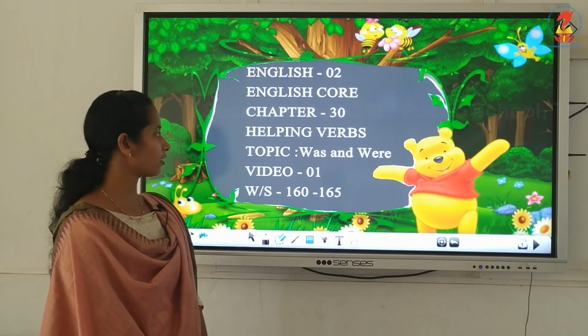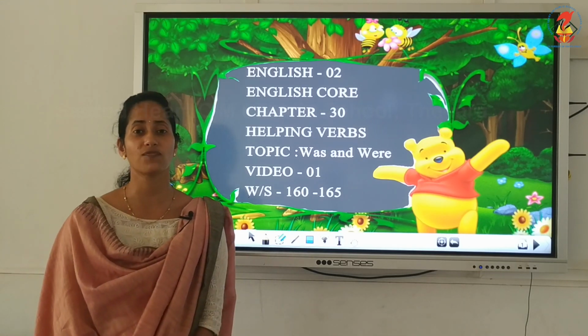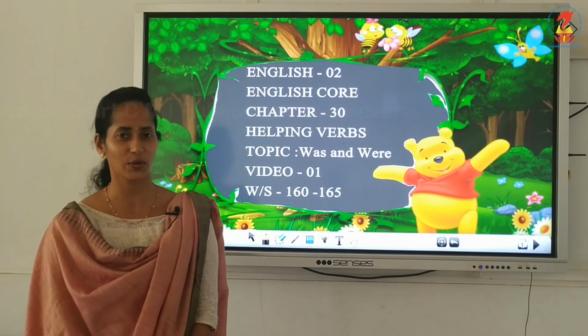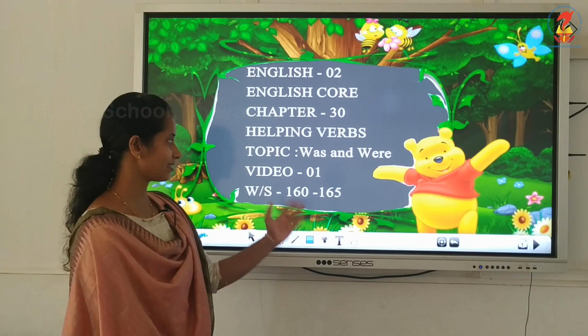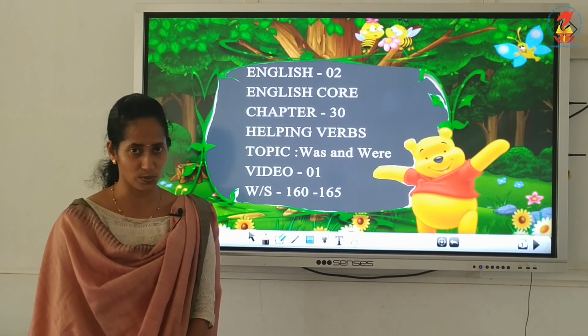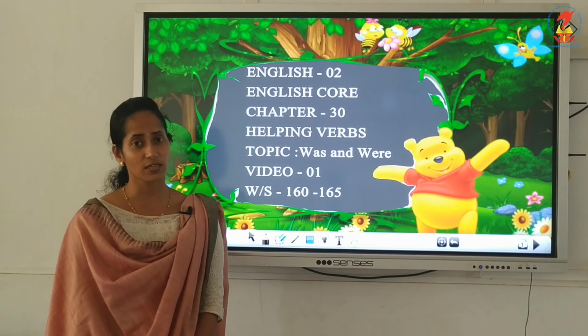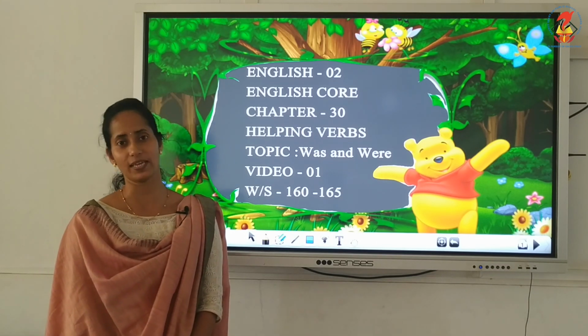So now today we are going to move to the next one, and that is the usage of was and were. Okay, so where do we use this was and were? Yeah, as it indicates, it is used in the past tense, which means for the action which already happened, for the action which is completed.